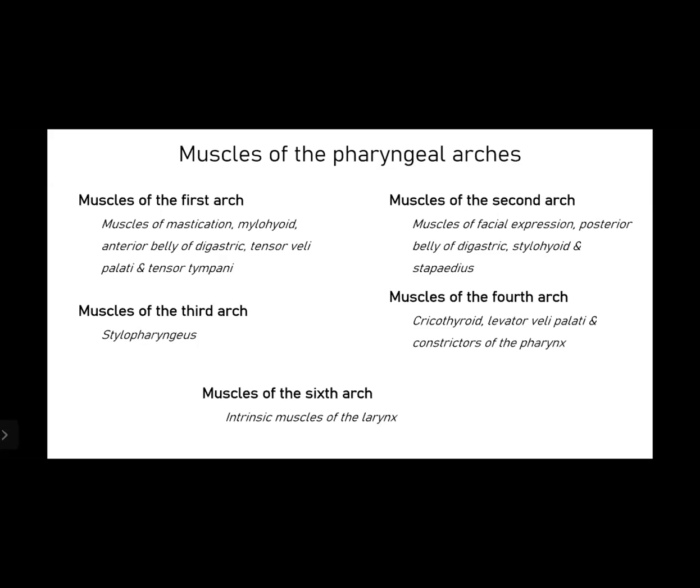Whereas the general sensation for the anterior two-thirds is via the lingual nerve, which is a branch of the mandibular nerve, a division of the trigeminal nerve. Is that quite clear?